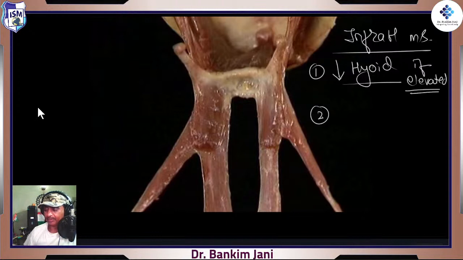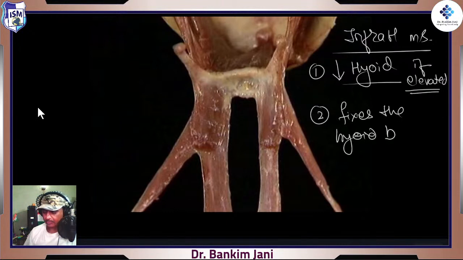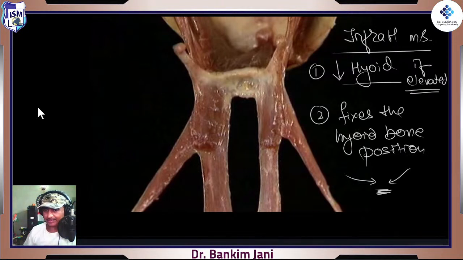That's very important. If the hyoid bone has been taken up, they'll put it back. And second, it fixes the hyoid bone position. What does it really mean? It means that these muscles from both the sides will act and put it exactly into the center. So from both sides the muscles will contract and put it into the center.